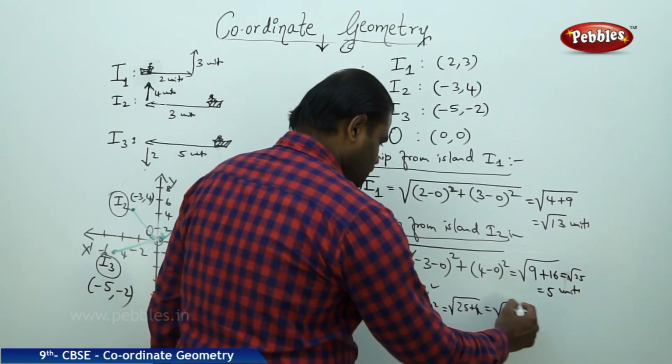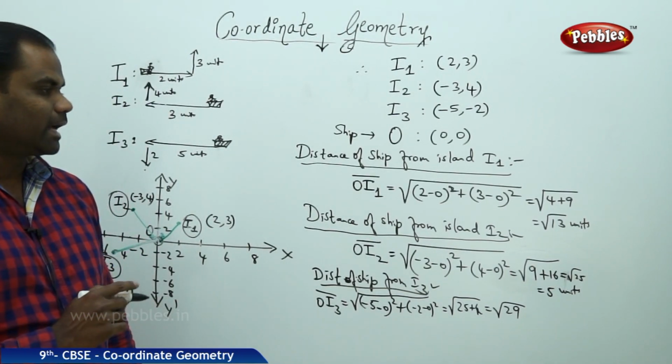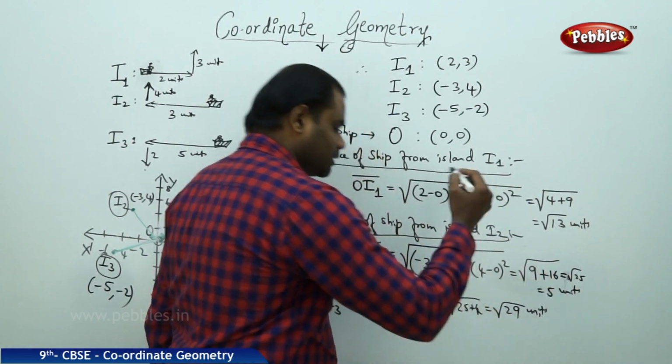So 25 plus 4 is root 29. So clearly I get this to be root 29 units.